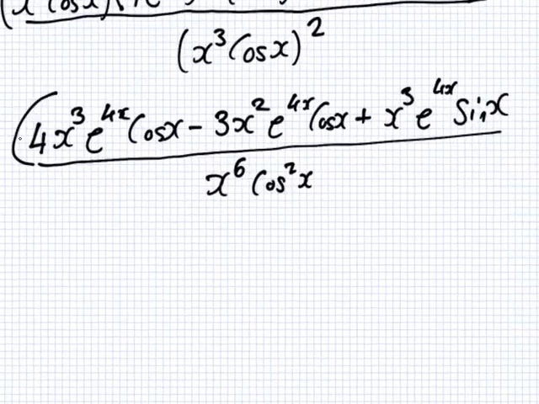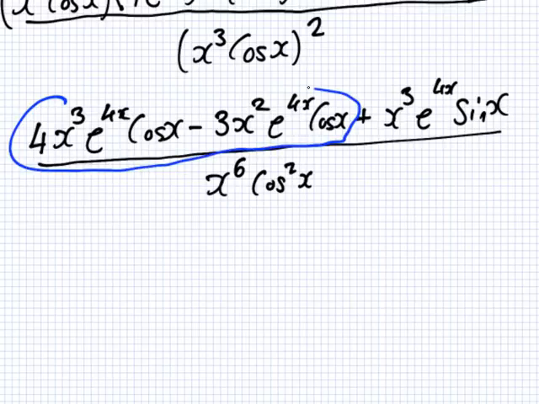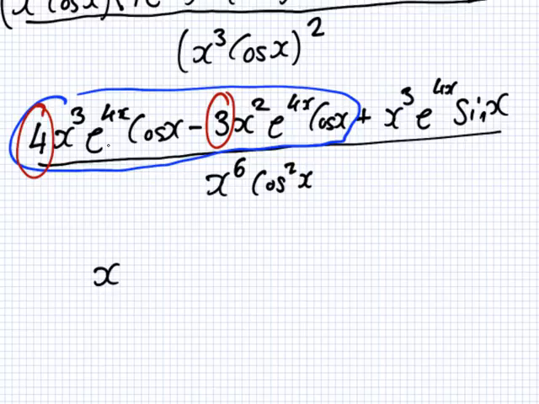Now, if you look here, this can be put together with this. There's 4 of these and 3 of these. So together, there's 1 of them. So you're left with x squared. Oh no, sorry, I can't put them together. Is there anything I can put together? No. The best I can do is divide everything by e^4x and x squared.